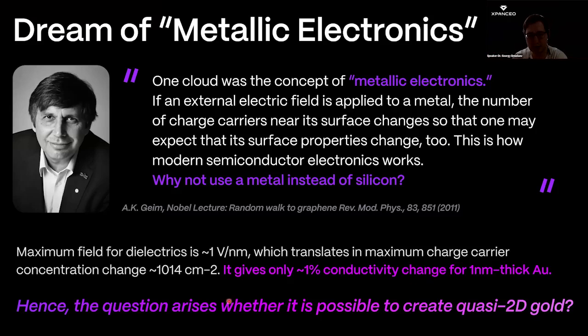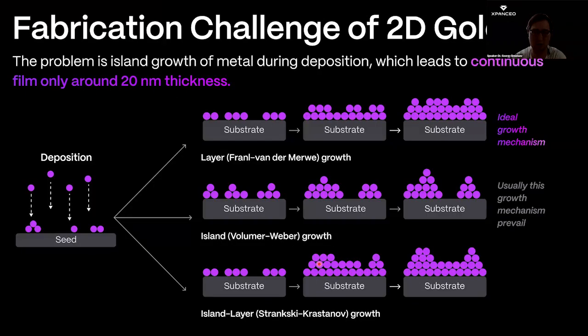Hence the question arises whether it's possible to create quasi two-dimensional gold, atomically thin gold with only a few nanometers thickness. The problem is that it's very challenging to synthesize atomically thin gold, because gold is usually produced using physical vapor deposition techniques such as thermal evaporation or electron beam evaporation.